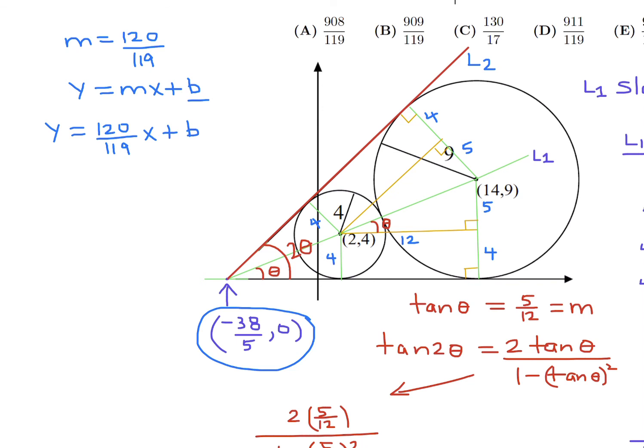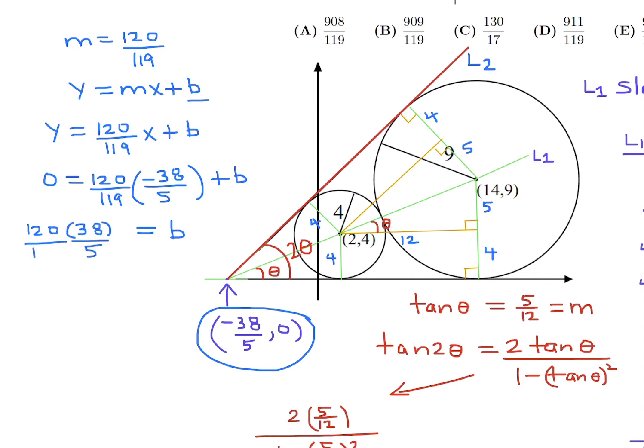So we've got 0 for y is equal to 120 over 119 times x, where x is minus 38 over 5, plus b. So put everything on the other side, you get positive 120 times 38 over 119 times 5. Now I've got to do a little bit of reducing to lowest terms.